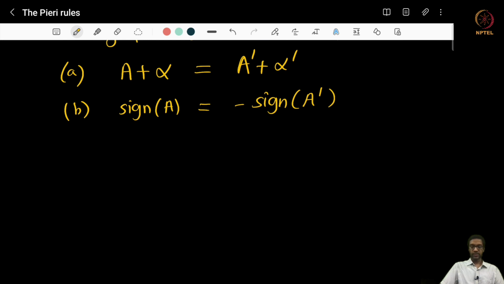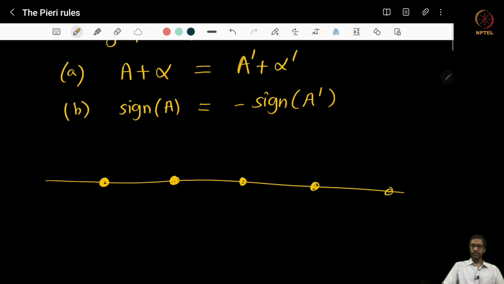So how do you manufacture A prime, alpha prime from A, alpha? Let me explain it pictorially, using the same sort of thing we did earlier. Look at the pair A, alpha. Here are my original bead positions. Now I have my alpha, and let's look from left to right.